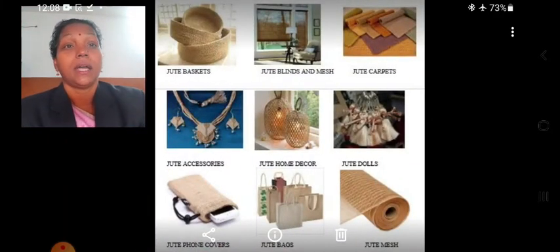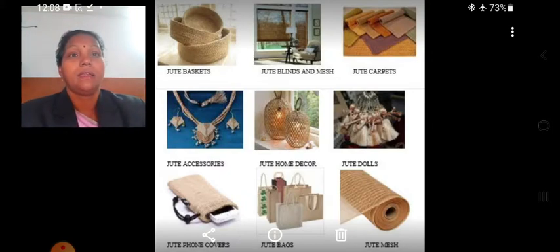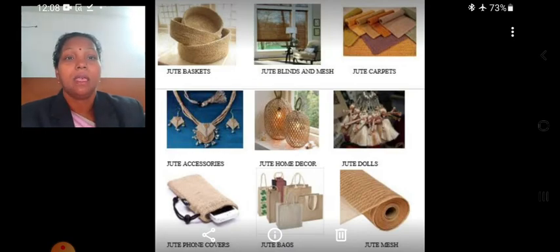Then there are jute articles: jute baskets, blinds and mesh, carpets, accessories, home decorative items, dolls, then phone covers and bags.